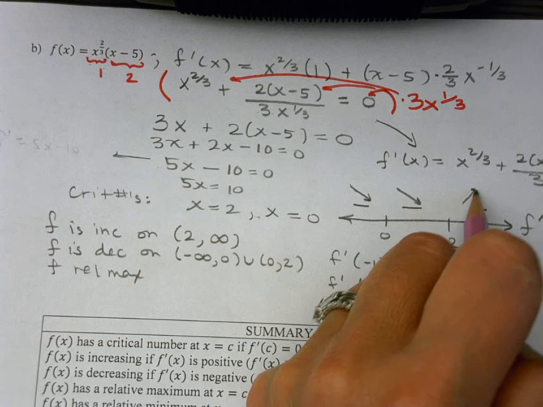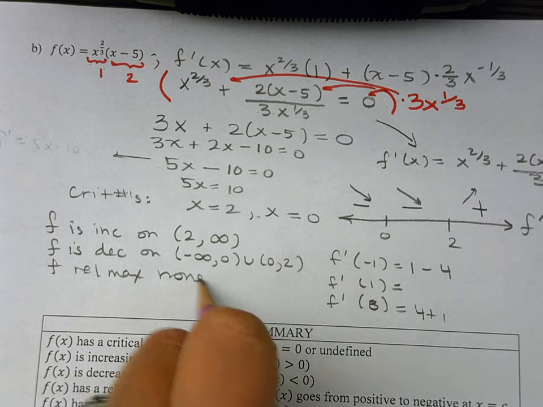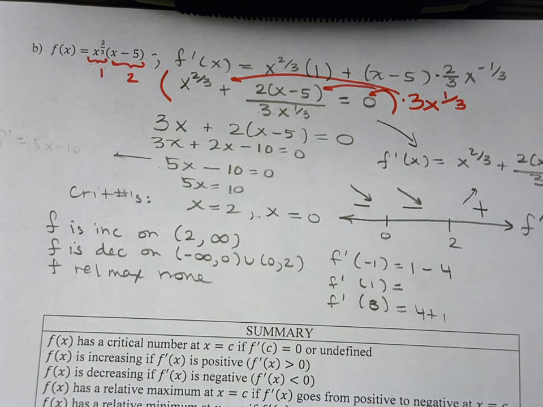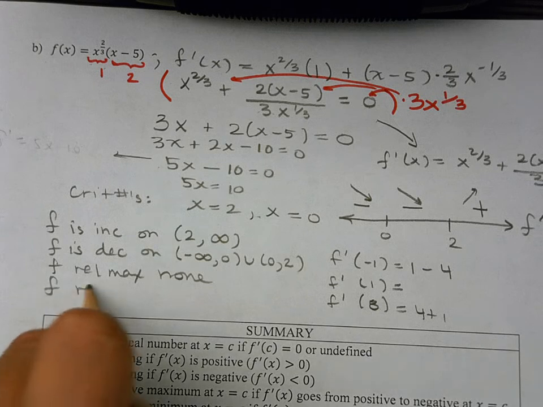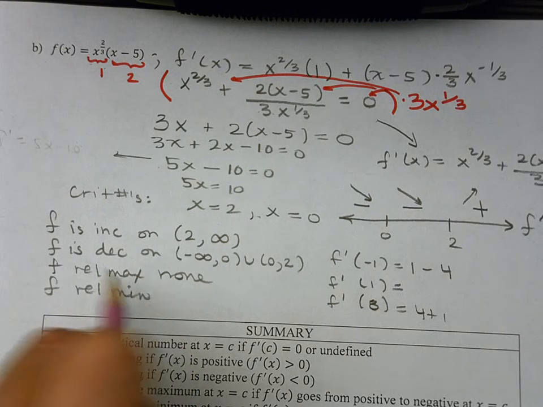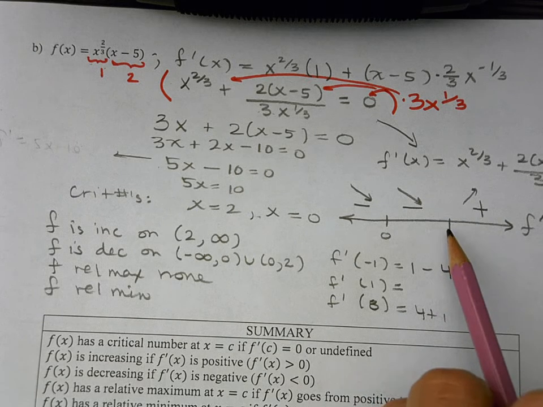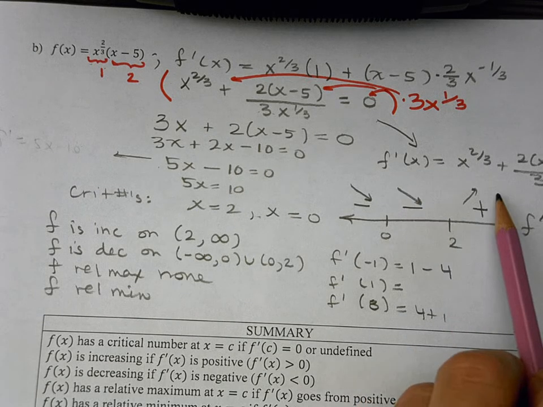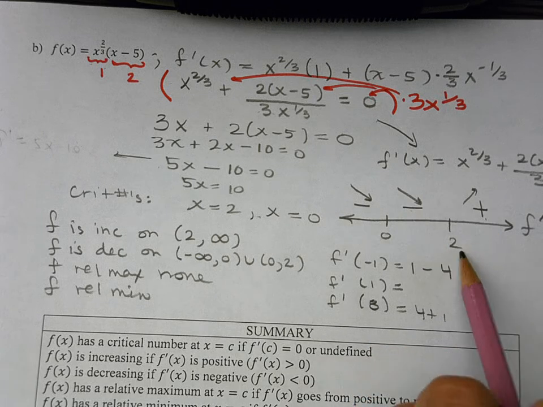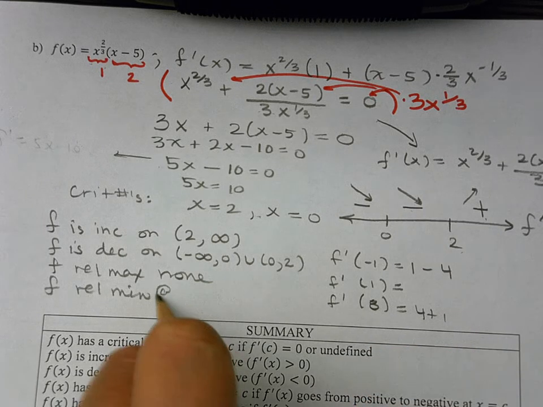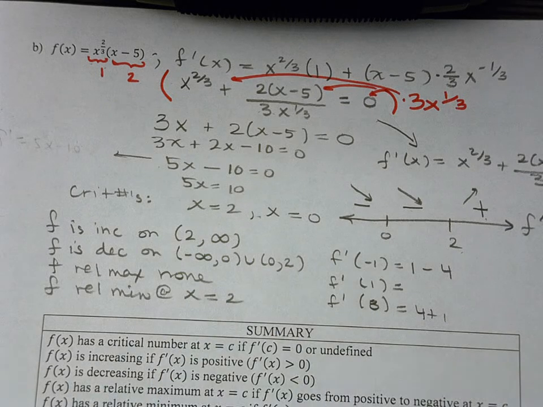So there would be none. And then finally we have a relative minimum whenever f goes from decreasing to increasing, which is when f prime goes from negative to positive, and that occurred at x equals 2.